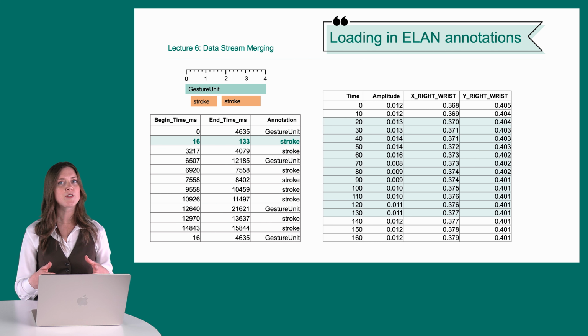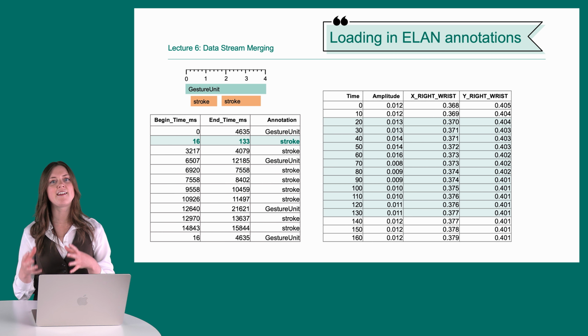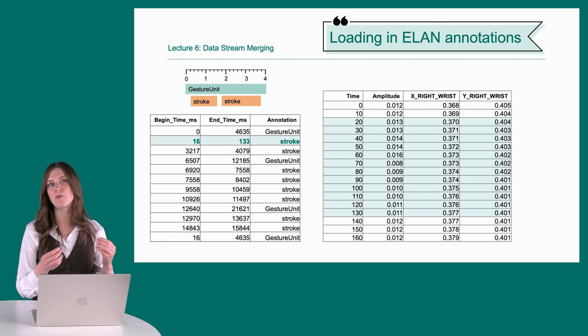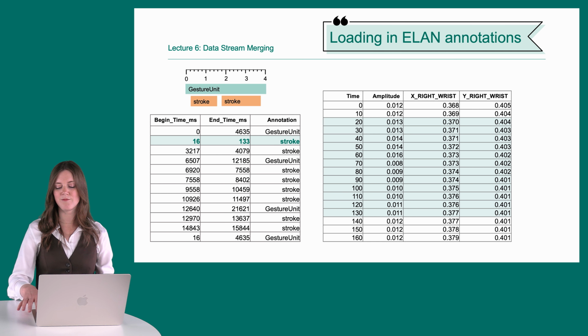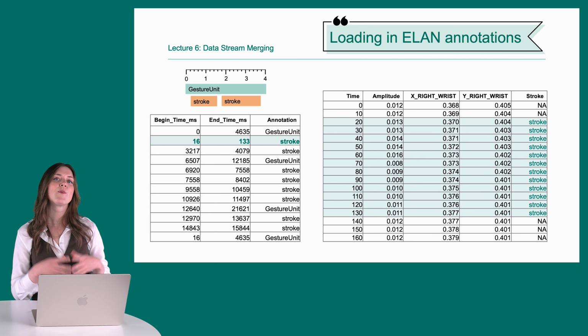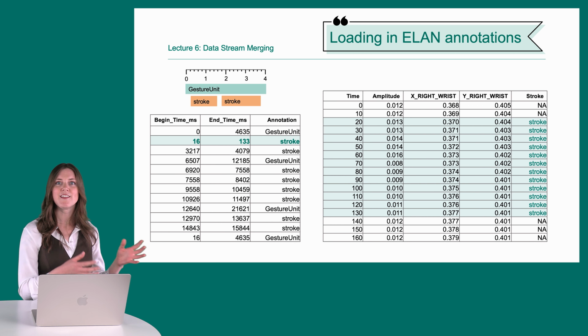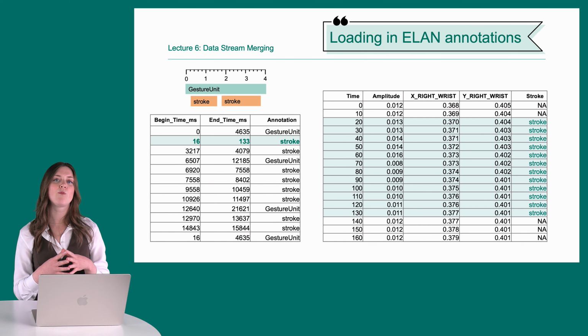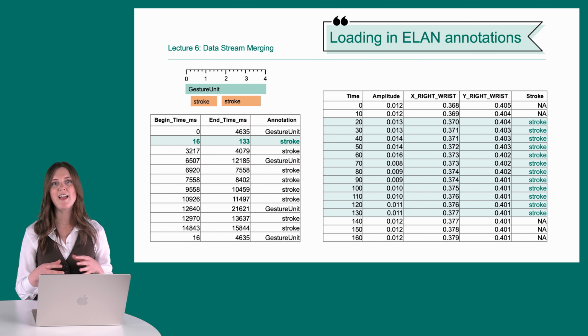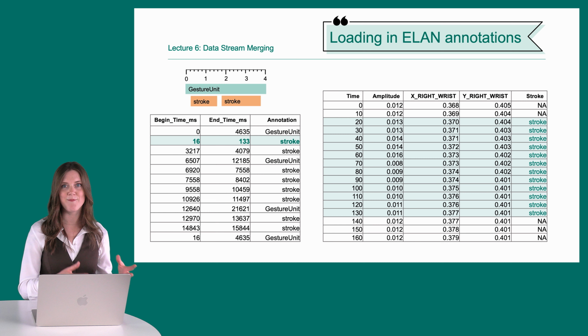In our Jupyter Notebook tutorial, we will use a function that loads in our ELAN annotation values by checking whether the time point for a given row falls within one of the time annotation windows. So we end up with something like this, where we have a column indicating whether a gesture stroke was occurring at a given moment in time, and the highlighted rows correspond to the wrist position of a single gesture event over time.